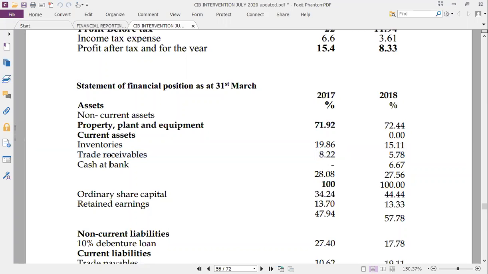Now let's go to cash at bank. We don't have a figure for 2017, so move straight to 2018, but you can move it from there.